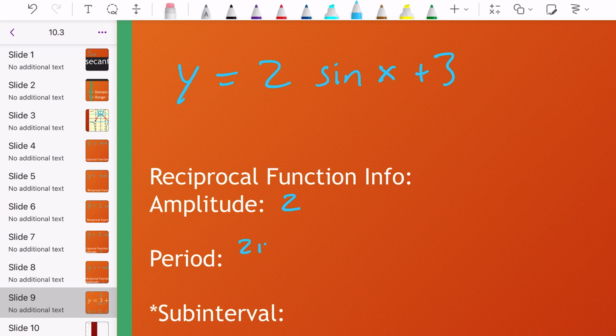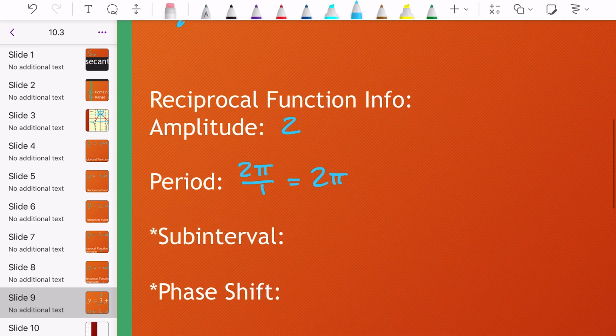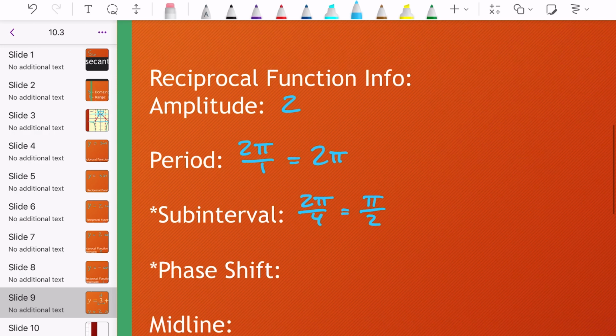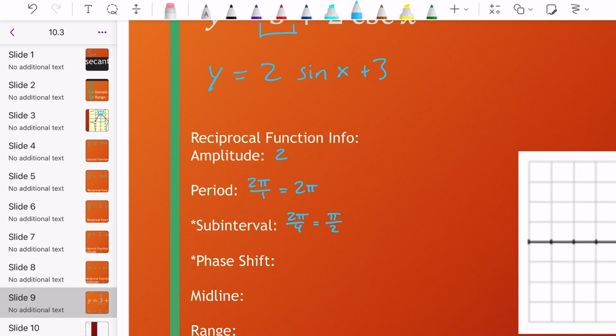Period would be 2 pi over 1, which is 2 pi. Our subinterval would be 2 pi over 4, or pi over 2. Our phase shift would be 0 over 1, or 0, our midline would be 3, and our range would extend from 1 to 5.